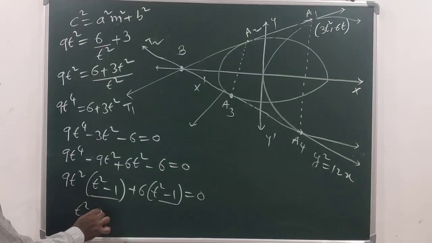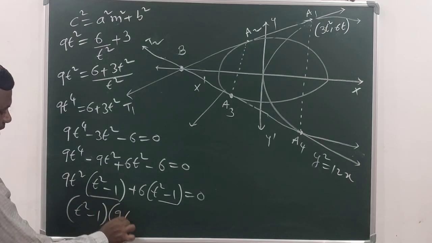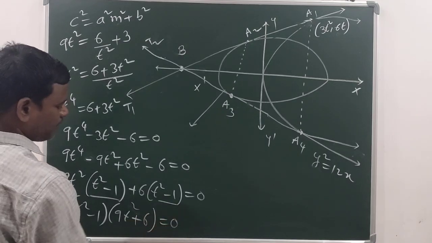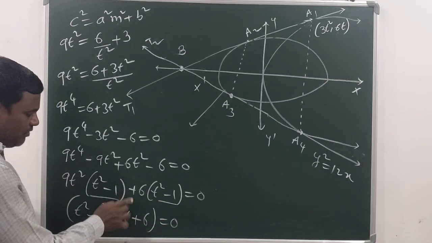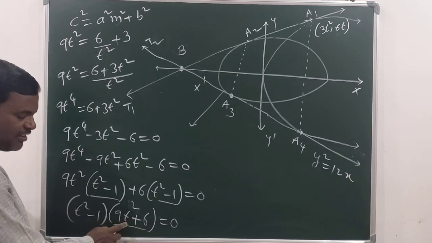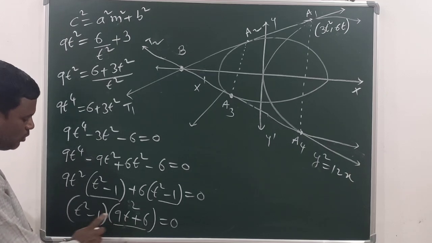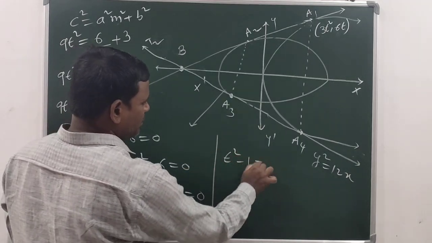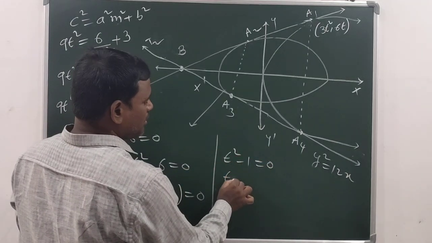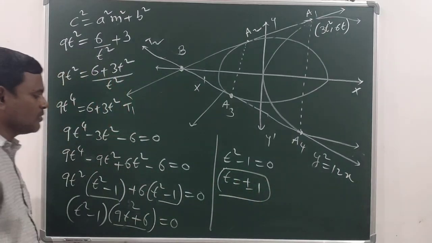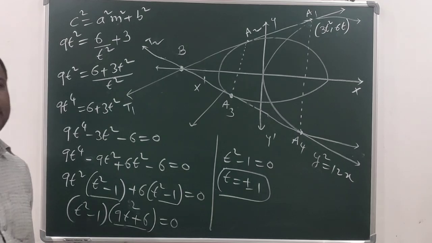So now t square minus 1 times 9t square plus 6 is equal to 0. Equate the first one equal to 0, because whichever t value you assign, 9t square plus 6 never becomes 0. So t square minus 1 equal to 0, then t is equal to plus or minus 1.